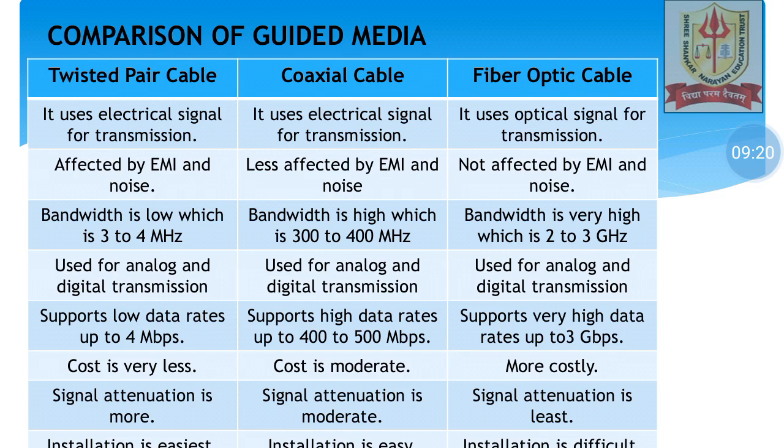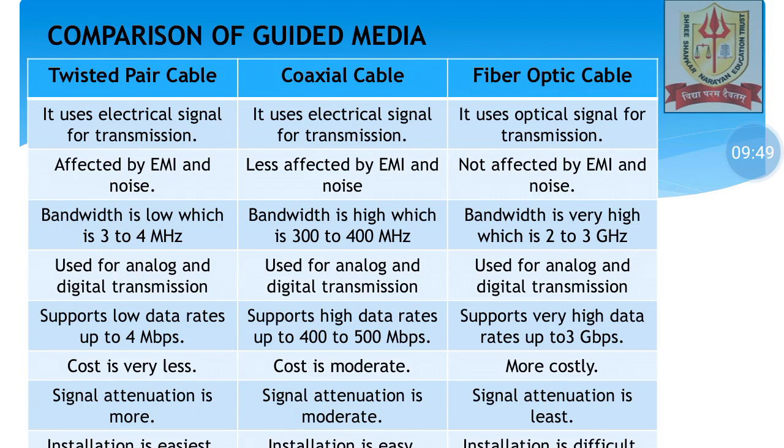But as far as coaxial cable is concerned, due to its structure, it is less affected by EMI and noise, and due to light signals, fiber optic is again not affected by EMI and noise. Bandwidth is low as far as twisted pair is concerned. Bandwidth is moderate as far as coaxial is concerned, and bandwidth is the highest as far as fiber optic is concerned. And all of them are used for analog and digital transmissions.